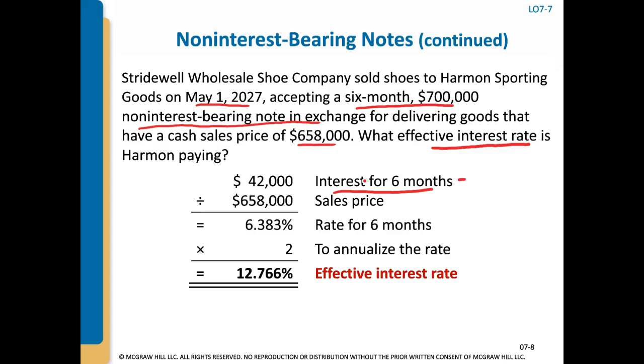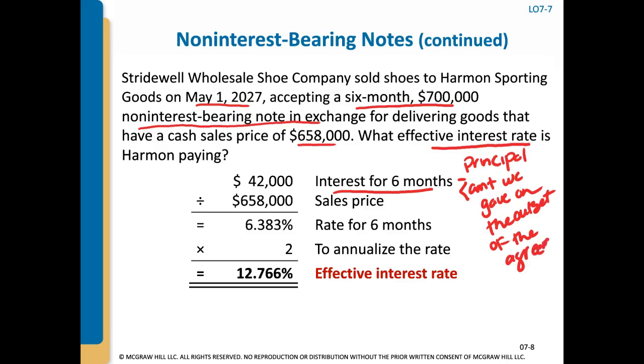And the way we figure out the interest amount is we take the principal amount of the note less the amount we provided or gave at the outset of the agreement.